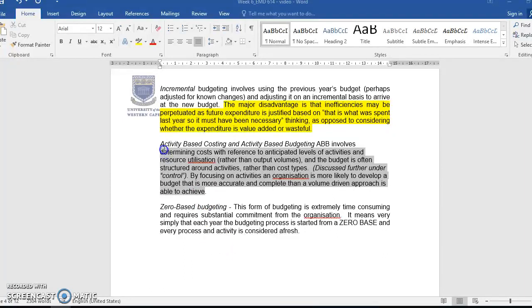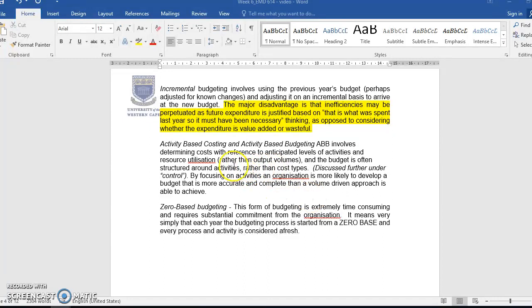And then the best form of budgeting is activity-based budgeting, which flows on from week 5, which is activity-based costing. And really what we say is we identify the activity drivers within the organization, and based on the activity drivers we're going to prepare the budget, based on activities rather than costs.